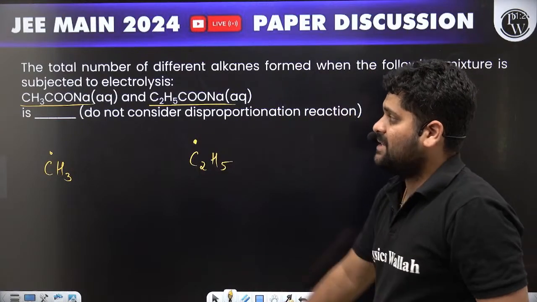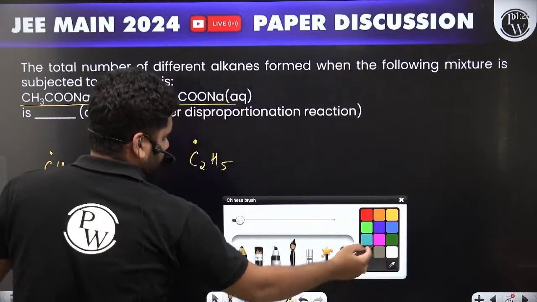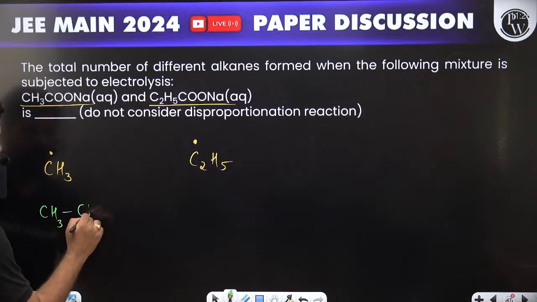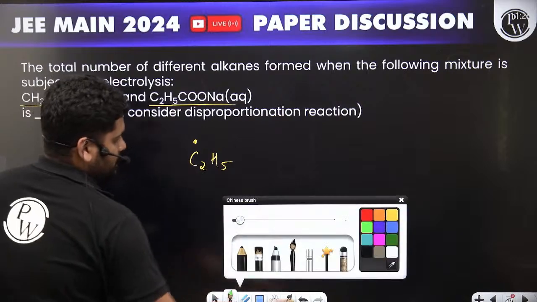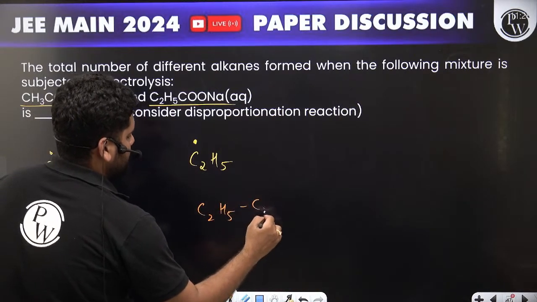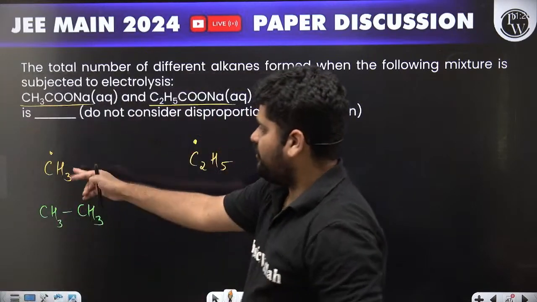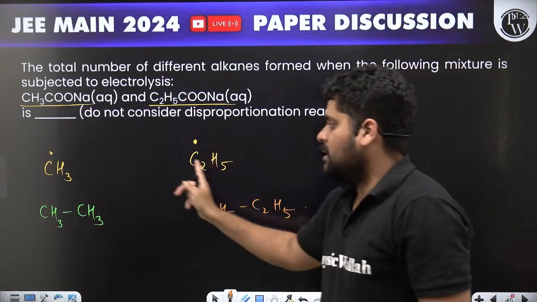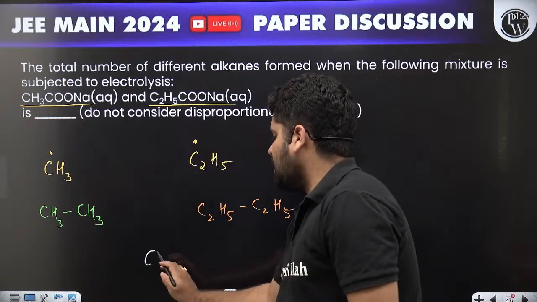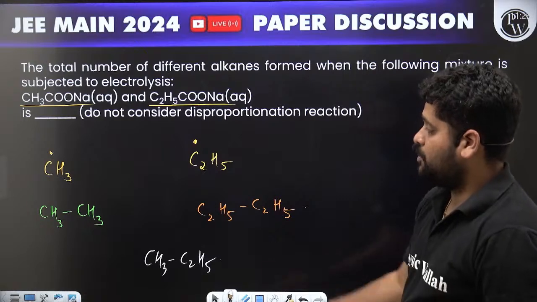Now, one methyl free radical combines with another methyl free radical to produce ethane. In a similar way, one ethyl free radical combines with another ethyl to produce butane. Okay. Self combination. Now, third possibility, cross combination. So methyl and ethyl would combine with one another to produce the third product.